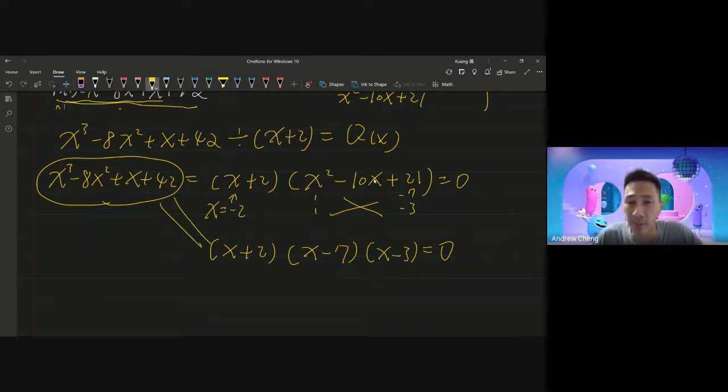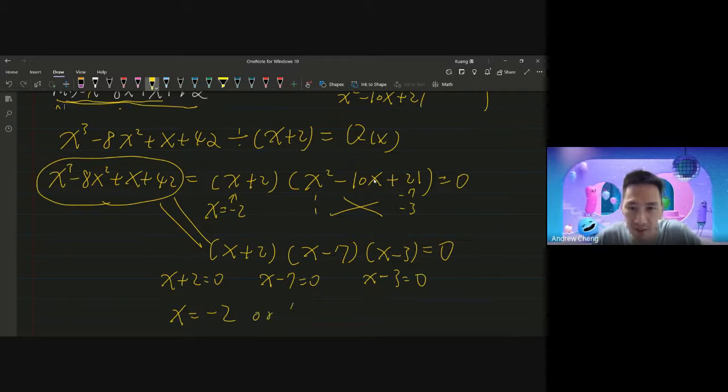The product of these 3 polynomials equals 0, so one of them must be 0. So either x plus 2 equals 0, or x minus 7 equals 0, or x minus 3 equals 0. So my zeros: x can be negative 2, or 7, or 3.